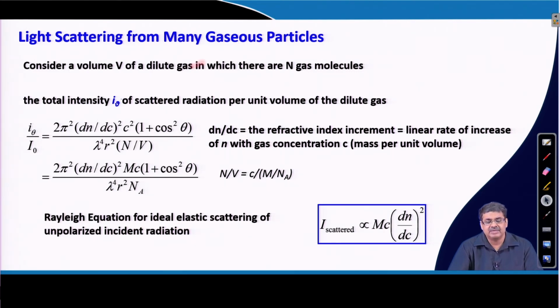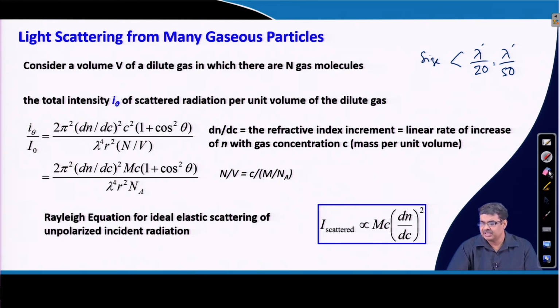Now, in this case we are talking about particles that are small, where the size of the particle is less than approximately lambda by 20, or sometimes lambda by 50 depending on the sample, where lambda dash is the wavelength of the light in that solution.